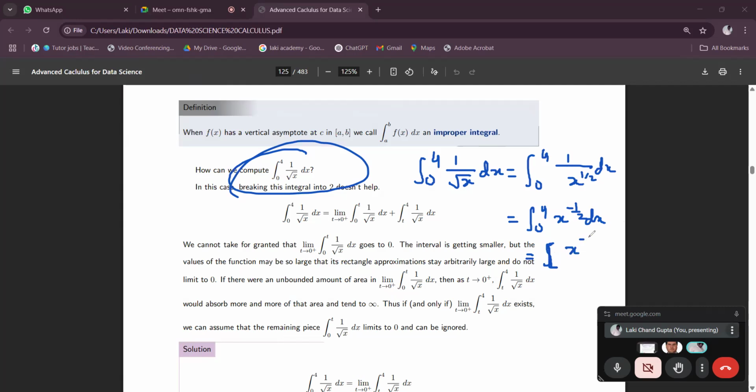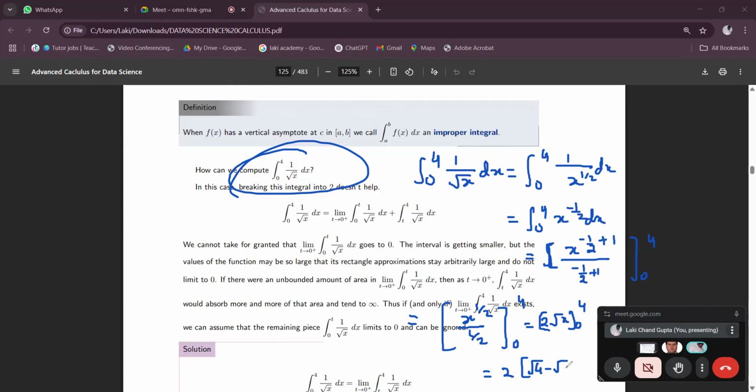When you integrate, you will get minus half plus 1 upon minus half plus 1. Minus half plus 1 is half, which gives the square root of x. So you can write 2 root x, from 0 to 4.